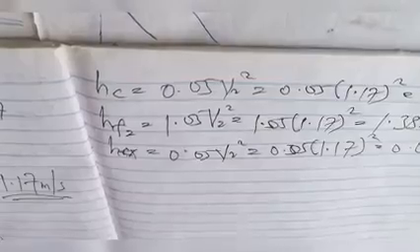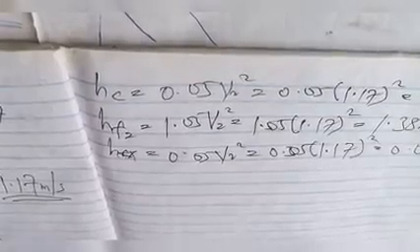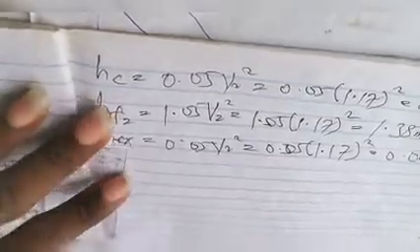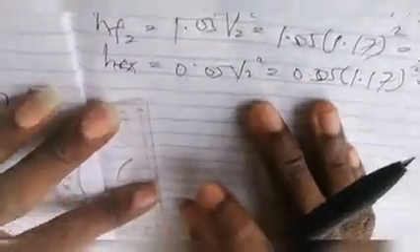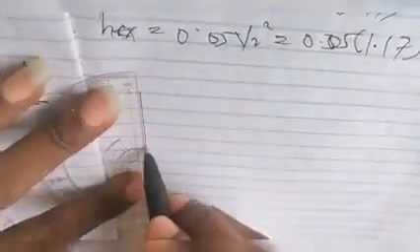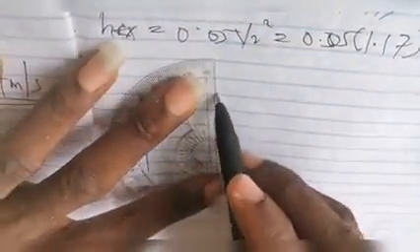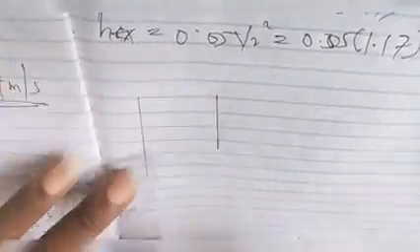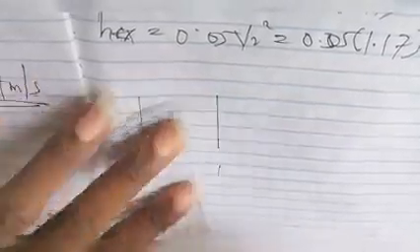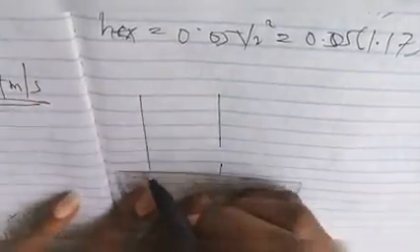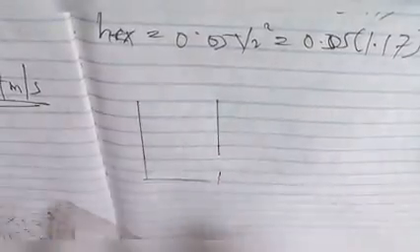Now, to draw these lines, let's start with the energy gradient line. You start with your reservoir. So you plot out your reservoir. Okay, so this is our reservoir. This is the pipeline itself.